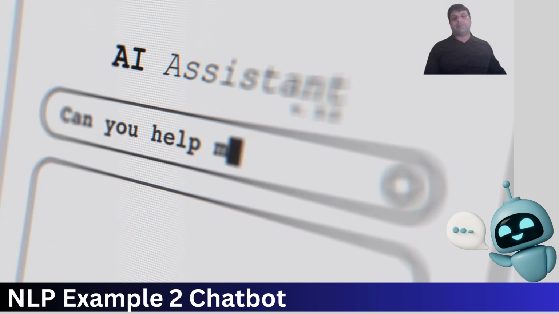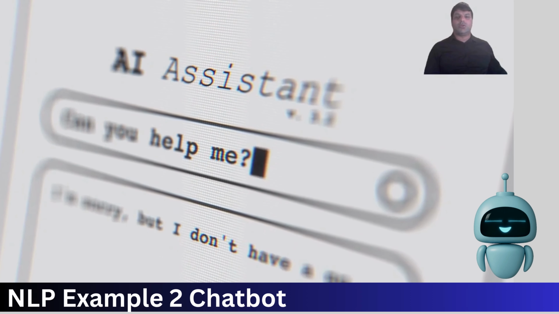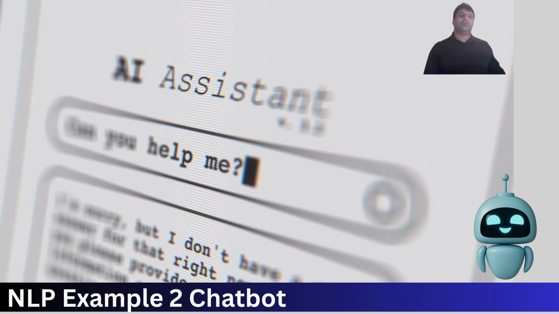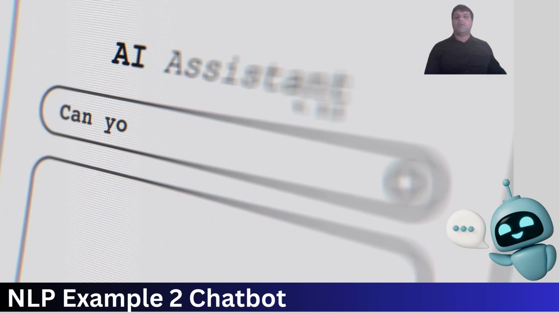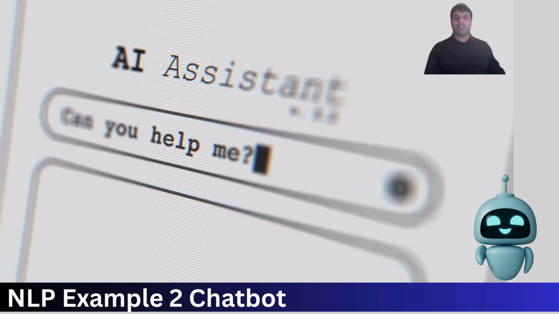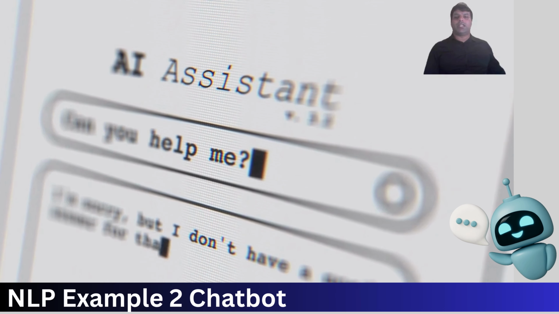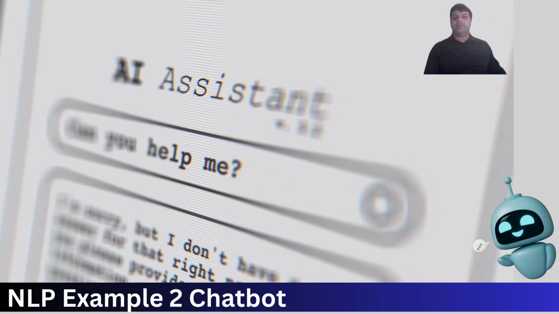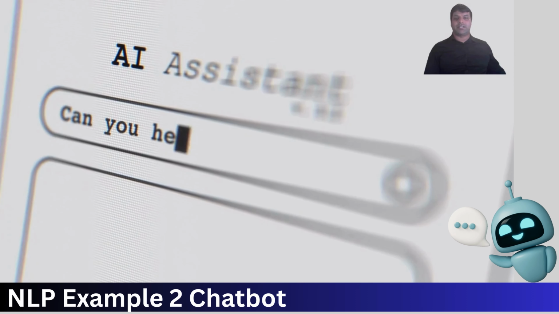Real examples of chatbots are from Google, Amazon, Facebook, and banks, which use chatbots to answer FAQs, book appointments, troubleshoot technical issues, and even for shopping assistance.